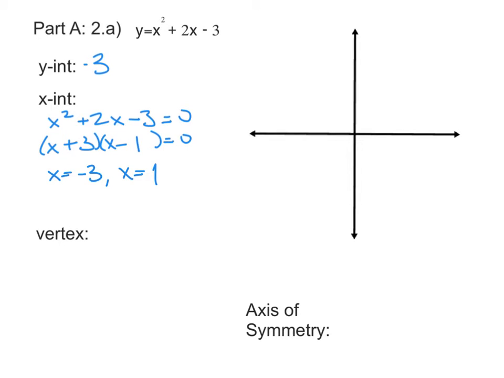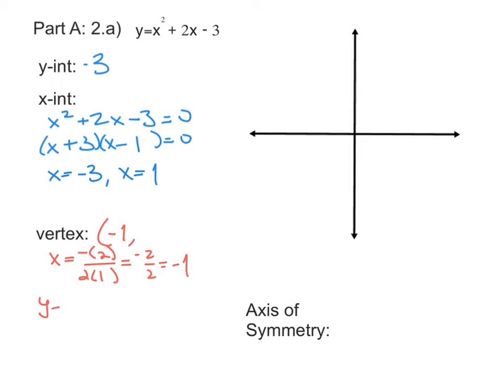Next, the vertex. The vertex is an ordered pair. It's a point. The x-coordinate is going to happen at -b over 2a. In this case, b is 2 and a is 1. So we have -2 over 2, which is -1. That's the x-coordinate of our vertex.